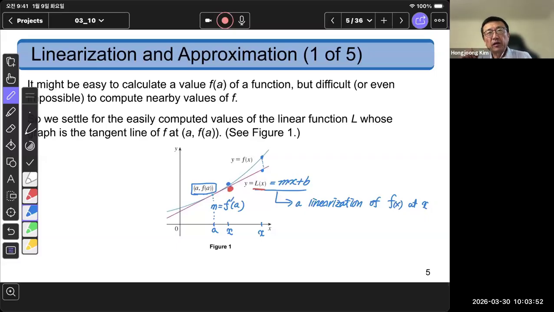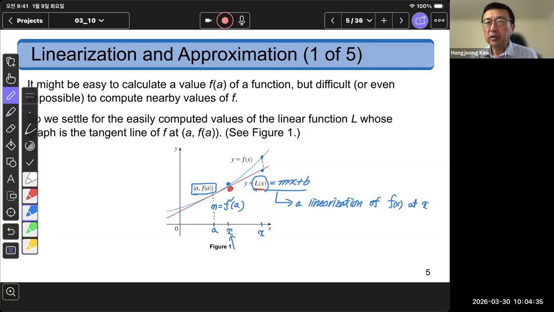So sometimes, especially for approximation reasons, we want to find the tangent line, and then using the value of the tangent line, we want to approximate the given function at some point x. Okay, so in this situation, L(x) is called the linearization of the given function at point a.